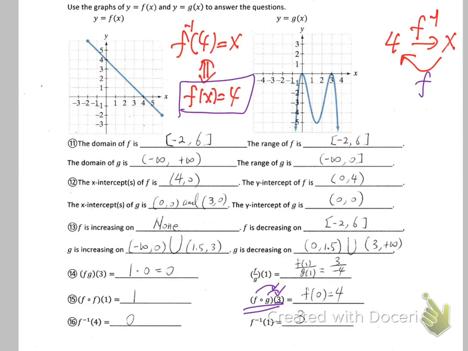This means the y coordinate is 4. f of x is y, right? So the y coordinate is 4, this point on the graph. So this is f of x equal to 4, this point. The height is 4. So this point is x, f of x is 4.